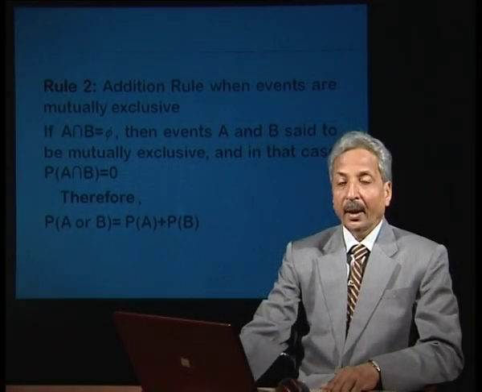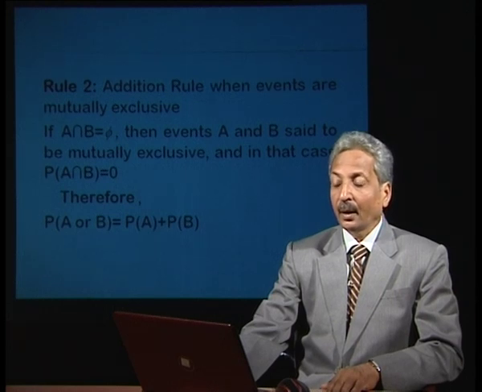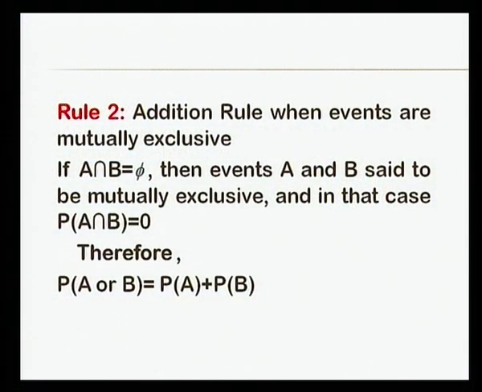Let us look at the next rule, and this rule is about the addition rule when events are mutually exclusive. That is, it is a special case of rule 1. So, if the events A and B are such that their intersection is a null set, then events A and B are said to be mutually exclusive.